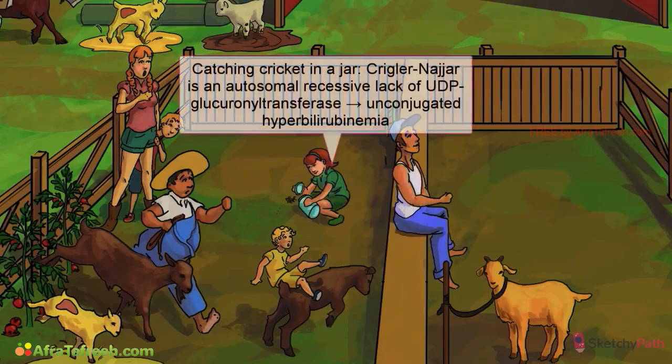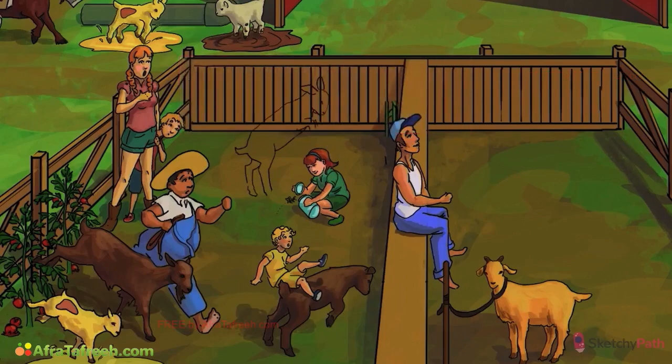Well, on the opposite end of that severity spectrum is Crigler-Najjar syndrome, which can be life-threatening. For Crigler-Najjar, think cricket in a jar. Score! Crigler-Najjar is an autosomal recessive disorder. Hence our proximity, yet again, to that recessive shy kid, who by now I'm sure has developed a lifetime goat phobia.